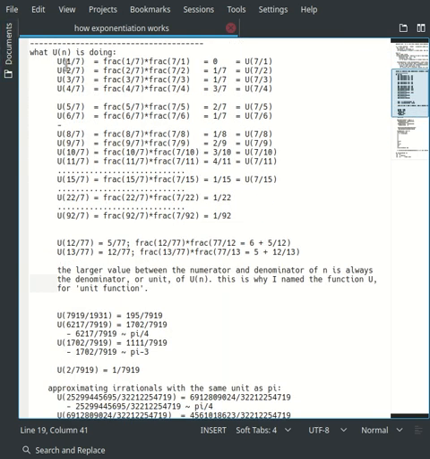So here, playing with this, as long as our input fraction is less than 1, the denominator on the input is the same as the denominator of the output. It doesn't always give us 1 over, right? But as long as our fraction is below 1, the denominator is the same.